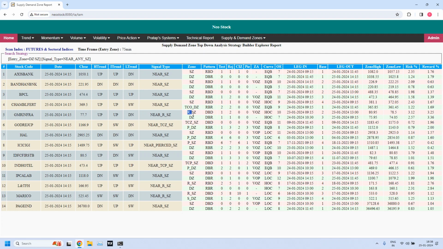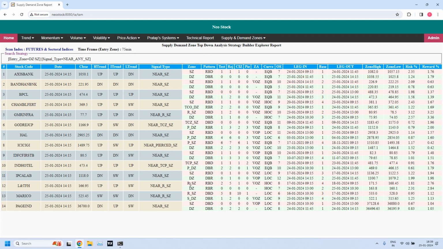So here we have GMR Infra. This is a high liquidity supply zone. This is pierced. Indian Hotels is pierced, so you can't trade.